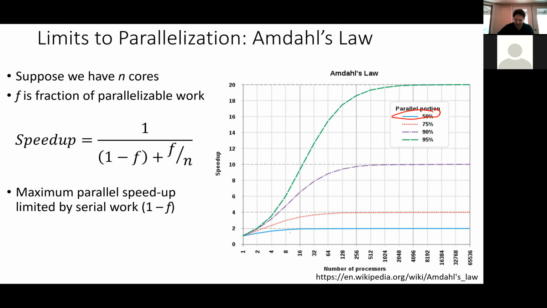That's this blue line. Even with an infinite number of CPUs, you'll only get 2x speedup. If 95% of your code could be parallelized, and only 5% of your runtime came from serial code, then with an infinite number of CPUs, you could get to 20x. So you'd be a lot more interested in putting the effort in to speed up that program than the effort to speed up this program.